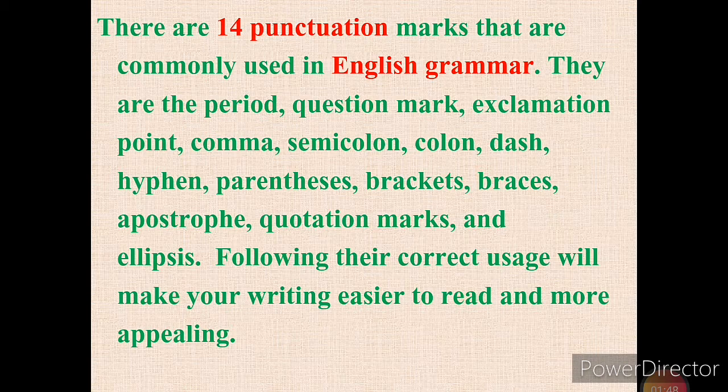These are the 14 punctuation marks which we commonly use in English grammar. By using all these punctuation marks correctly, our writing will be easy and our reading will be very fluent.